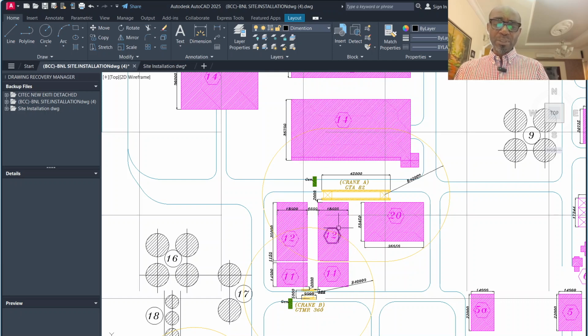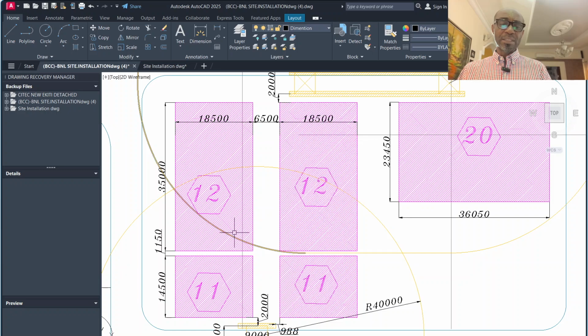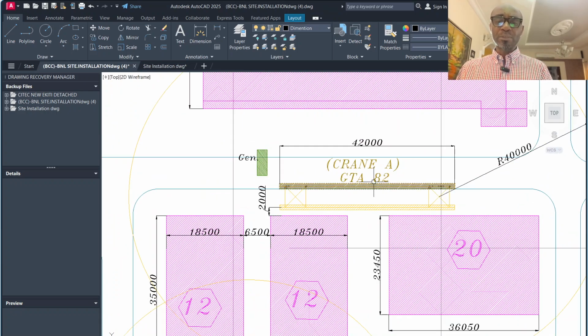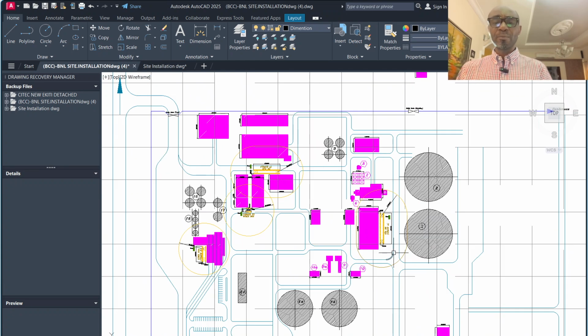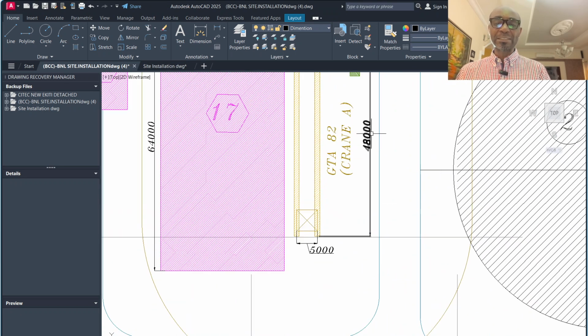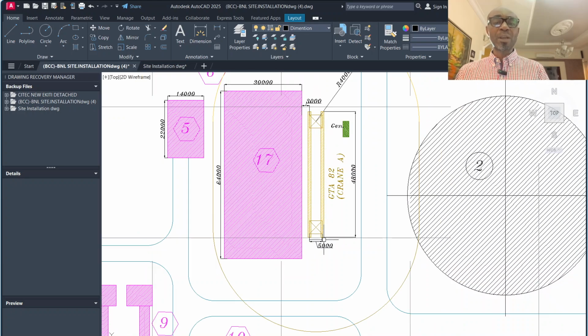Then this one will take the part. That is where you see the crane. This crane is intercepting at this position. So you're going to have a beam of 42 meters. You're going to have a singular generator for it. Then this other one too is going to run 48 meters, and the same beam you're going to cast for all.